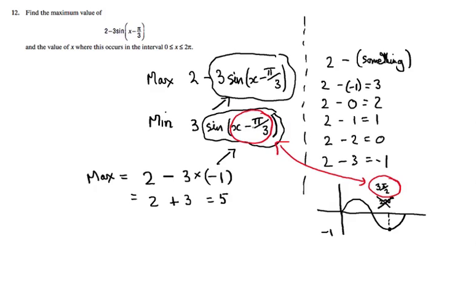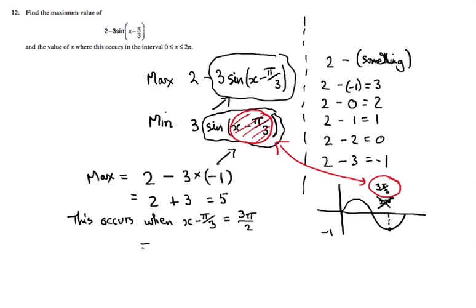So the sine of 3 pi upon 2 in there would give you a -1 to get the -3, which you subtract, hence add the 3 to the 2 to get the 5, which is the maximum value. So 3 pi upon 2, so this occurs when this angle, x minus pi upon 3, is equal to 3 pi upon 2.